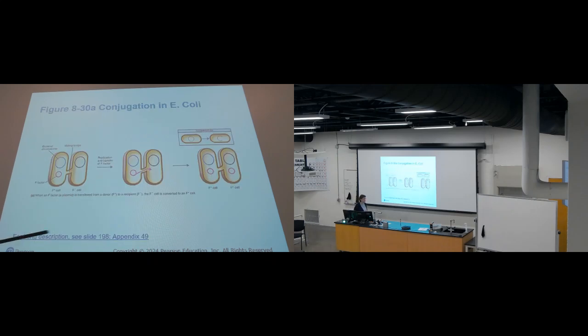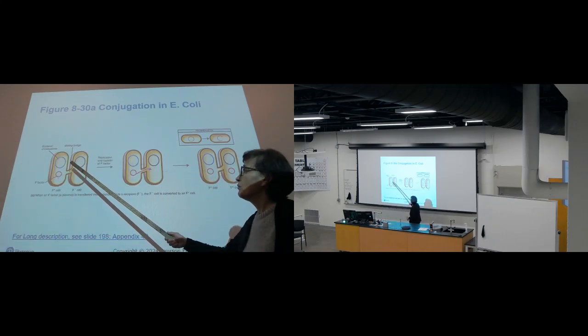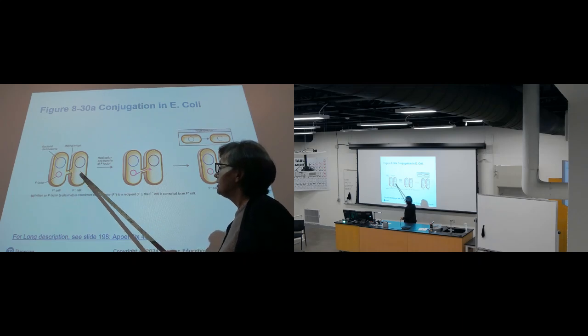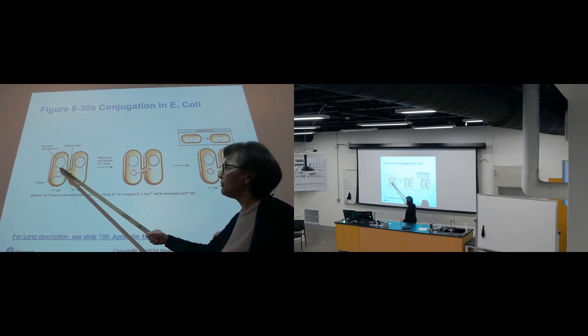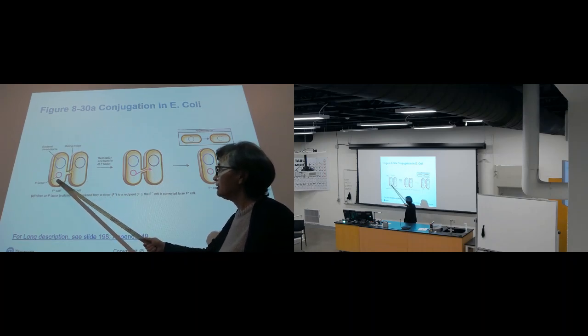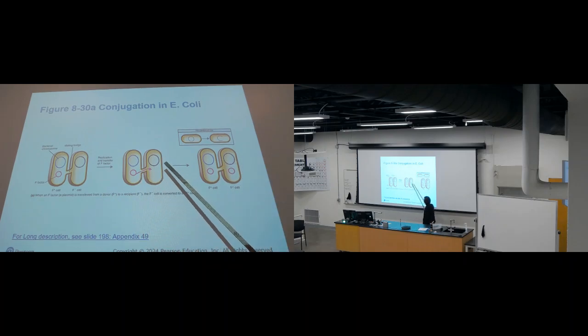So here we have the details of what happens when you transfer the F factor between these cells in the case of gram-positive bacteria, because you have a mating bridge. The F factor is transferred from an F plus to an F minus, and then the next generation of cells, as they undergo binary fission, both of them will be F plus.